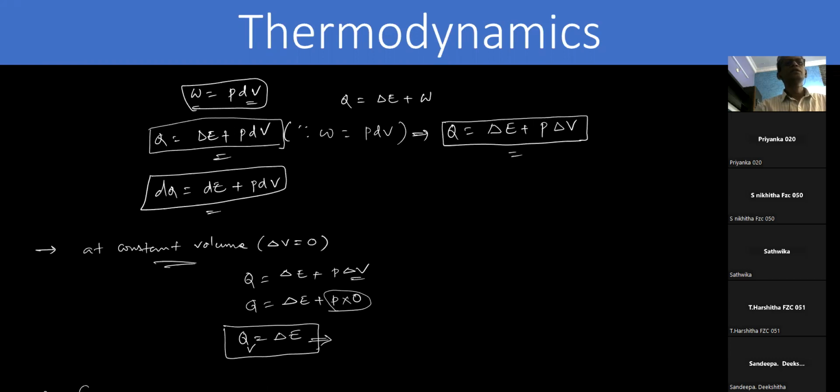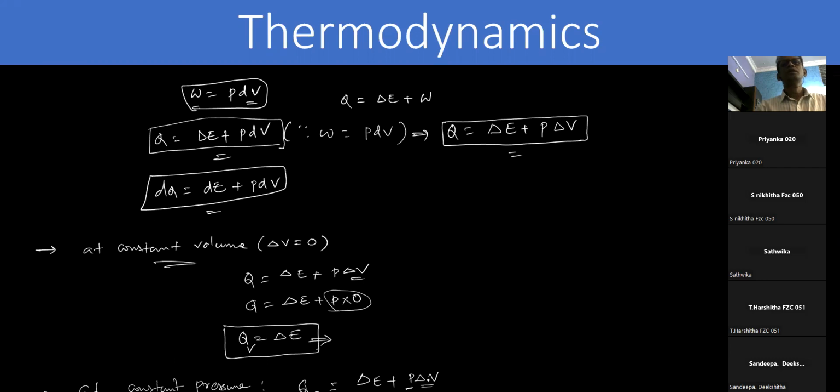Coming to the second case, at constant pressure. At constant pressure, what we can see is QP equals delta E plus P delta V. P is constant. If it has some value, the volume will change.